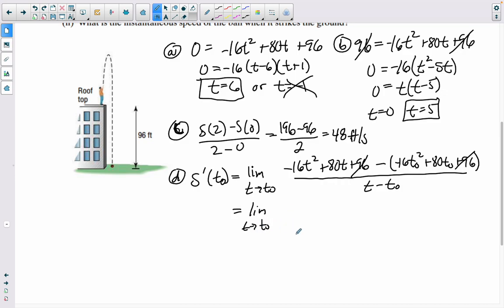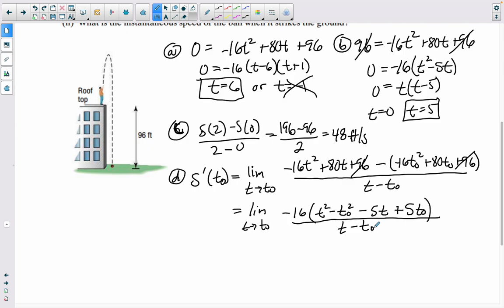And so your result here will be negative 16 parentheses t squared minus t naught squared minus 5t plus 5t naught, all over t minus t naught.